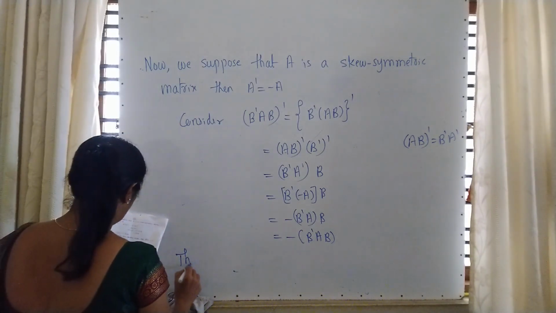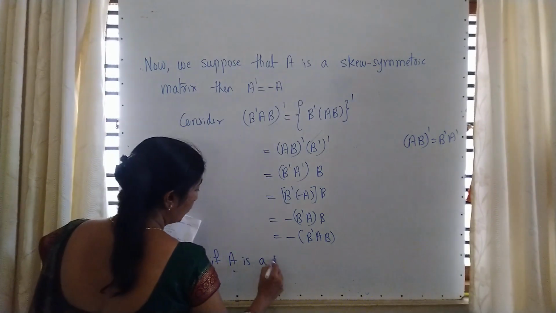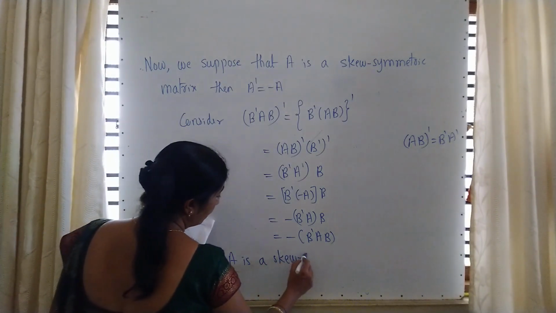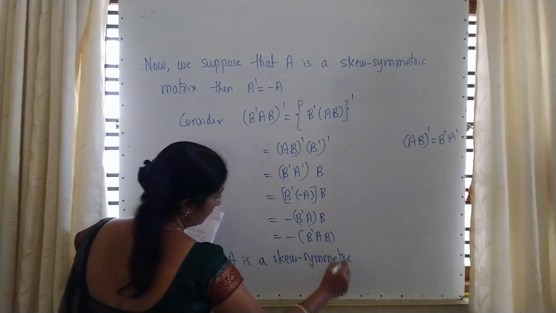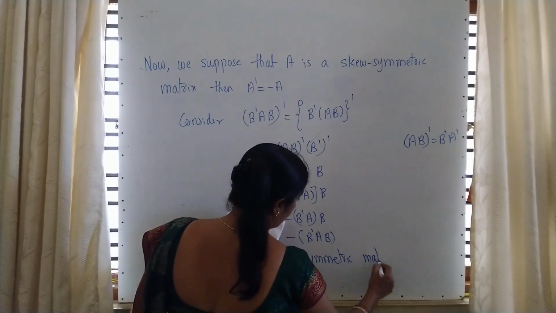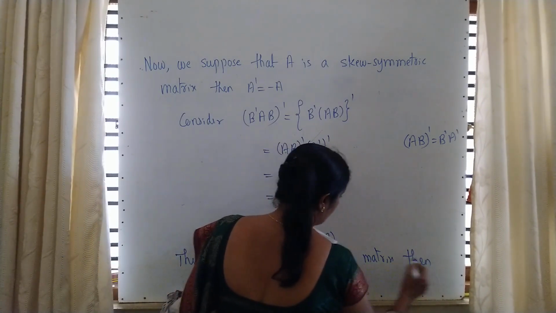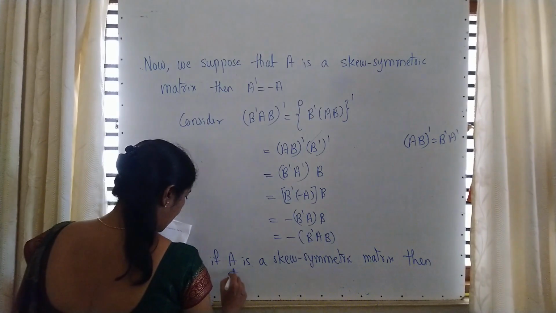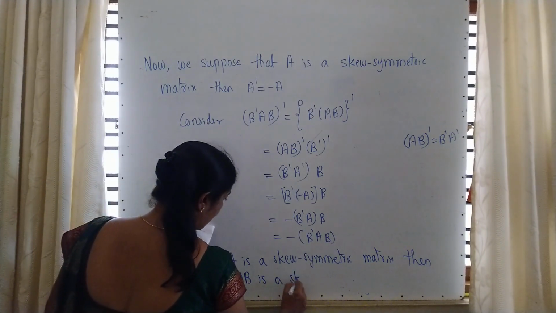Thus if A is a skew symmetric matrix, then B transpose A B is a skew symmetric matrix.